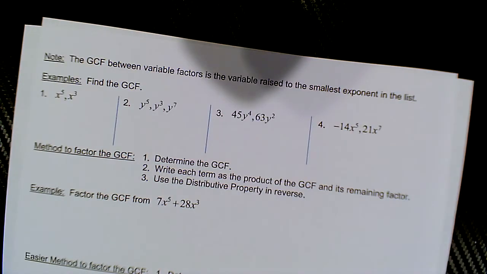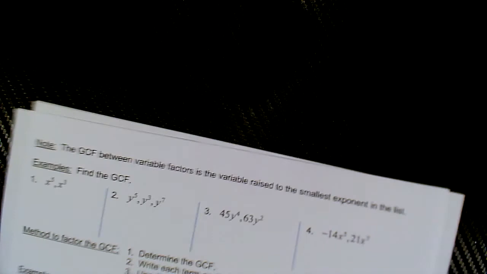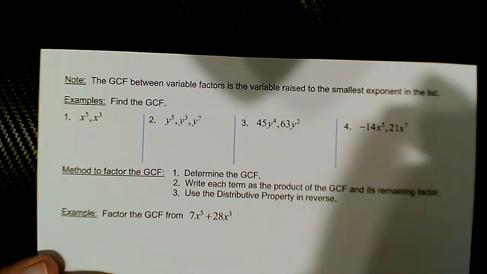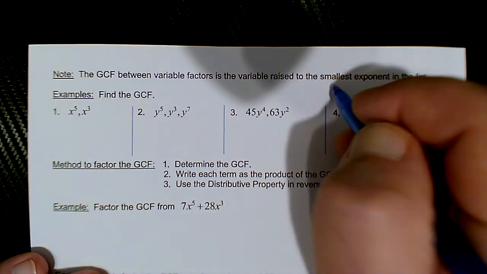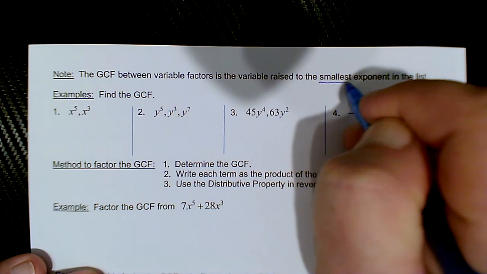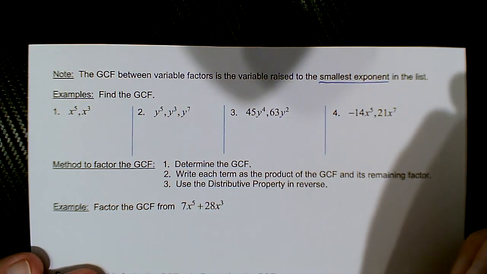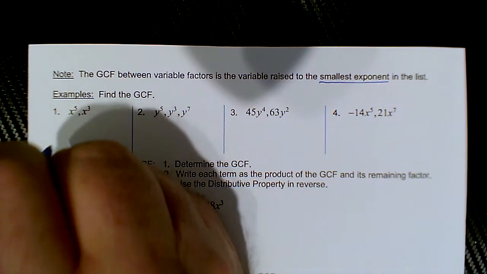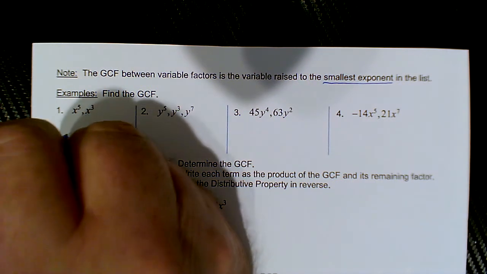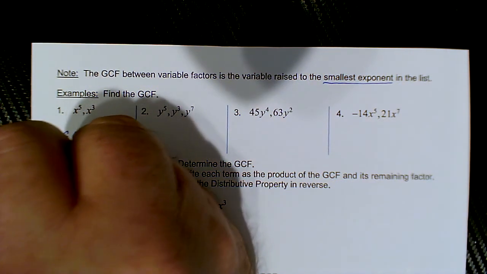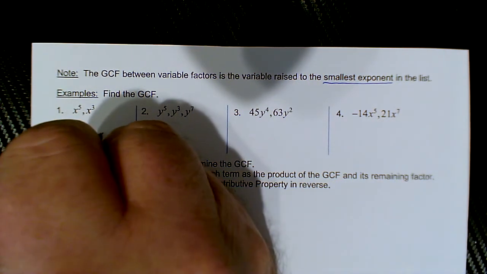But first off, the greatest common factor between variables. When you have variables involved, this is one of the easiest things out there. The greatest common factor is the variable that's raised to the smallest exponent. So immediately by inspection, you could pick out the greatest common factor for variable terms. Smallest exponent, x cubed.